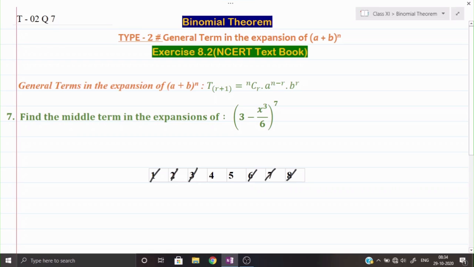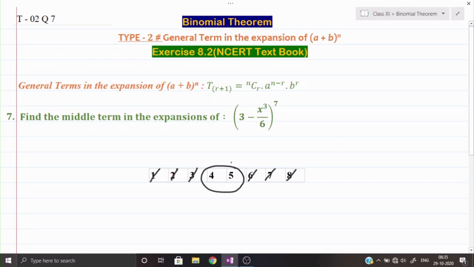Now observe, three terms I have cancelled from the left as well as from the right. Now if I cancel one more term from here, then I need to cancel one term from the right side also, and in that case no other term will remain. So we can say that the middle terms will be the fourth term and the fifth term. Directly we can find out.